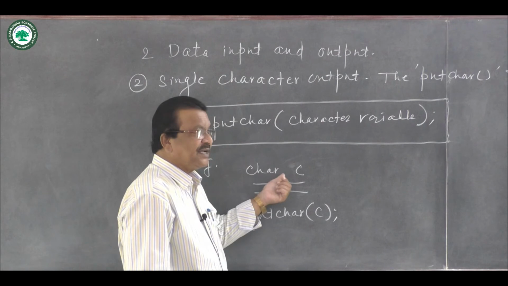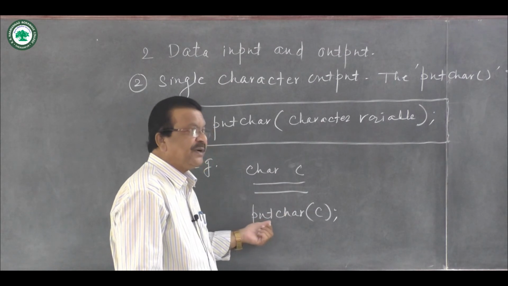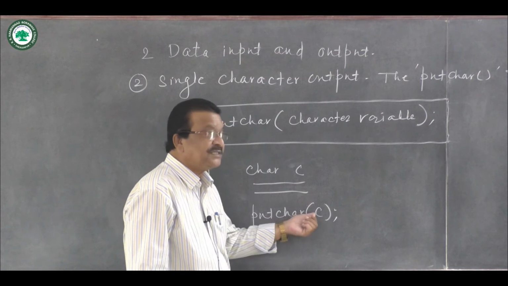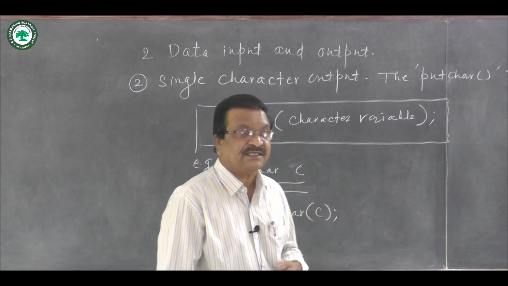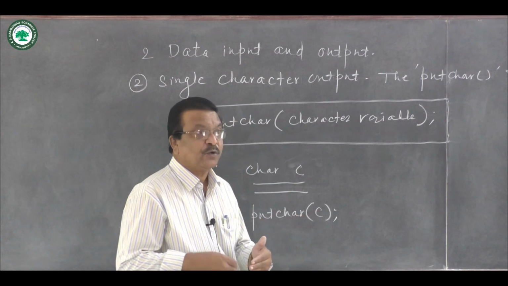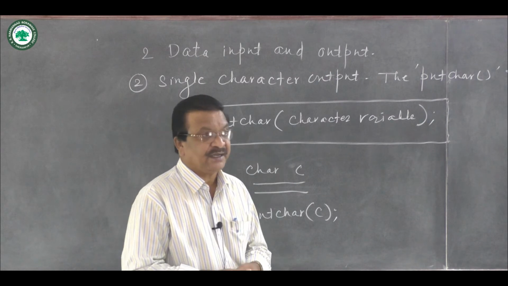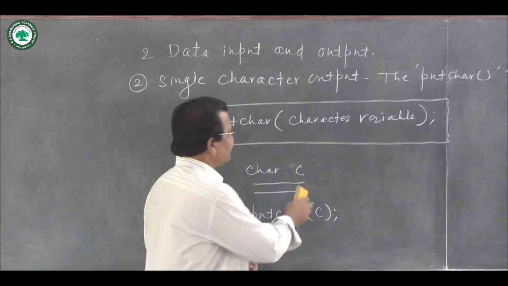The first statement declares that c is a character type variable, and the second statement causes the value of c to be transmitted onto an output device such as screen or monitor.